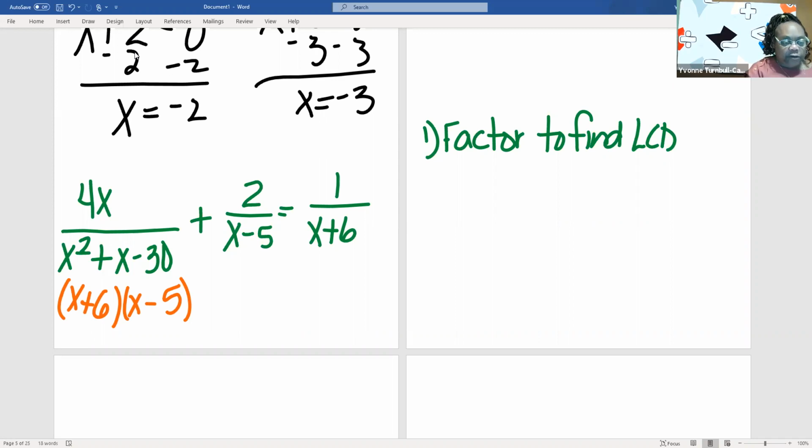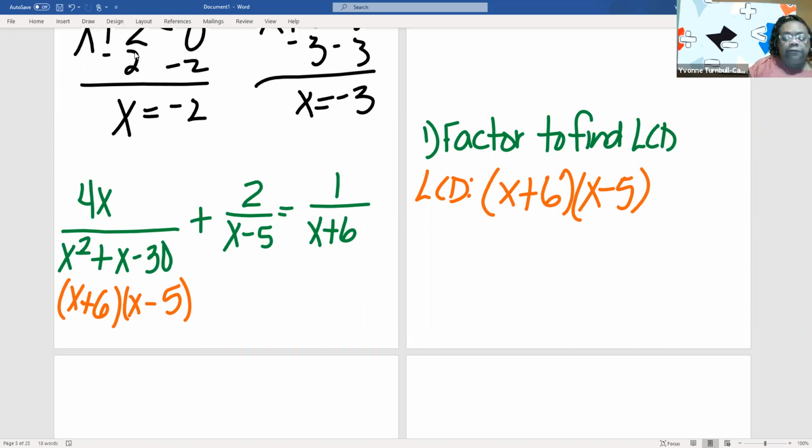So we factored. So what is our LCD? Remember we said we're going to write an LCD right here. They don't have anything in common, but the LCD is x plus 6 times x minus 5. That's the LCD.